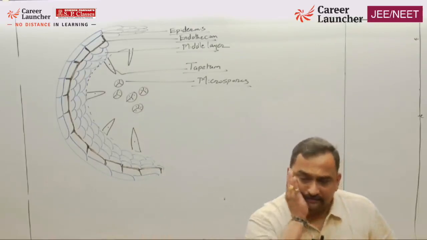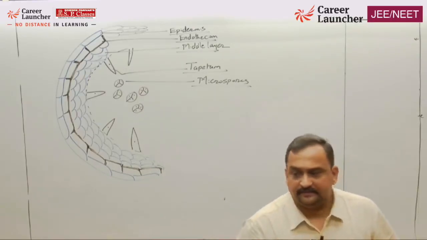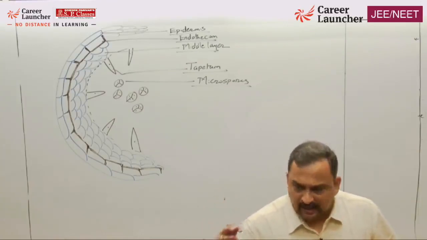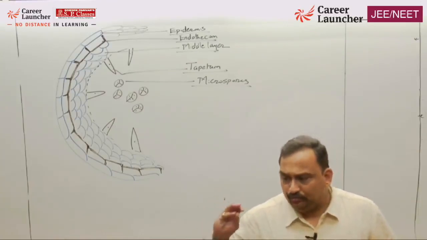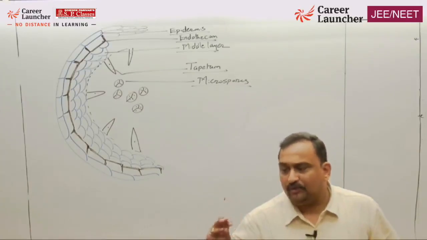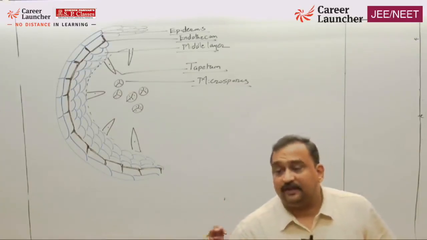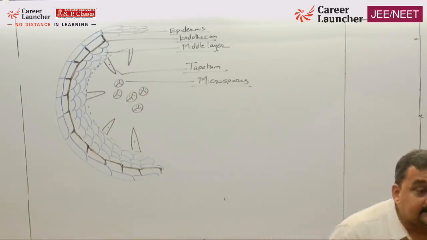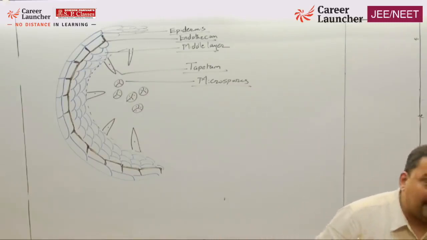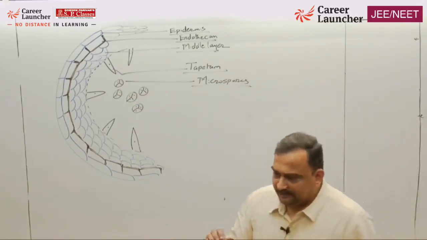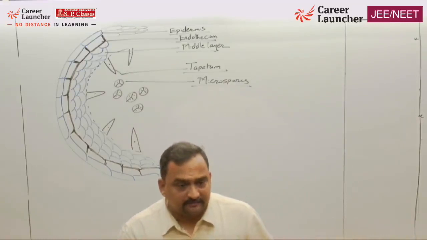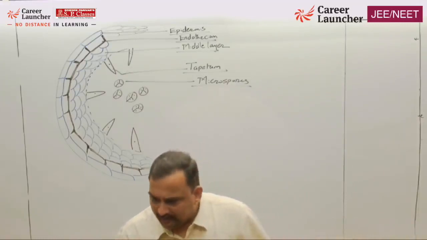The cells of endothelium which lie in the groove between the two anther lobes are unthickened, they are not thick, and they form the line of dehiscence. What do they form? Line of dehiscence. I hope you understand. Did you get my point properly?